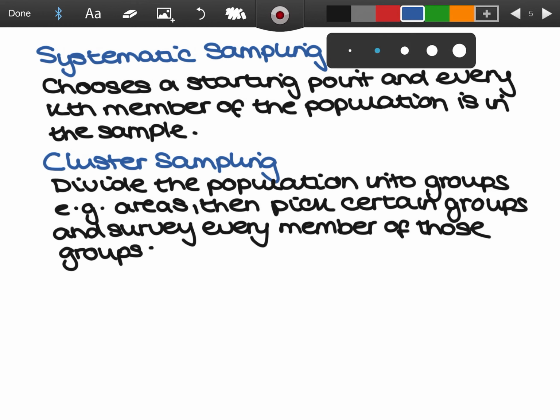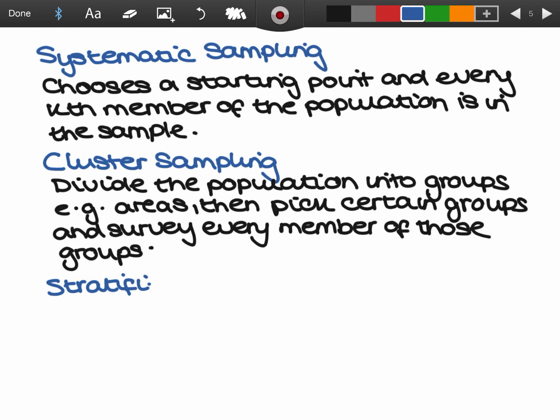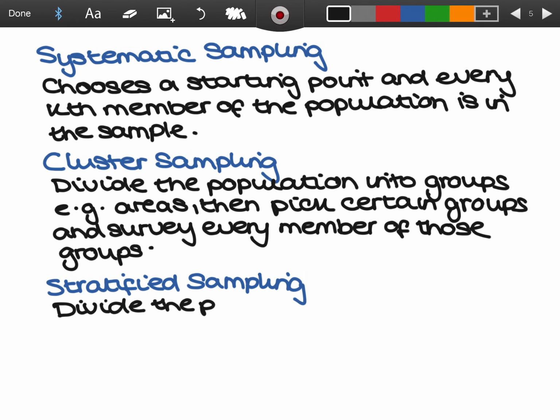Okay. Now, slightly different to that, but along the same kind of lines, is stratified sampling. Stratified sampling, again, what you're going to do is you're going to divide the population into these subcategories or groups. So you're going to divide the population into groups. They actually call them strata in this case.